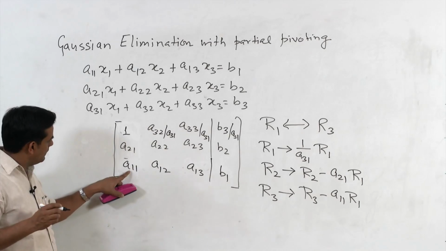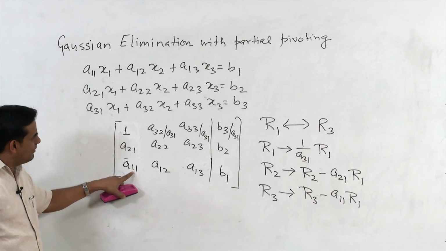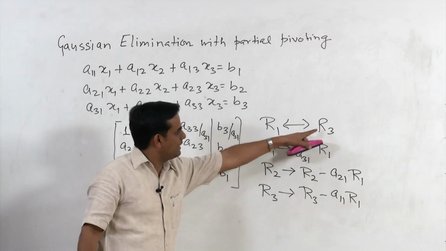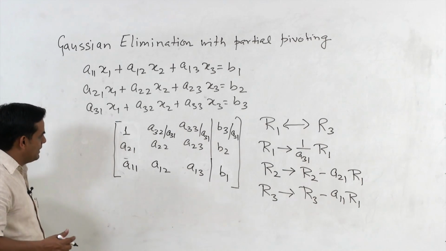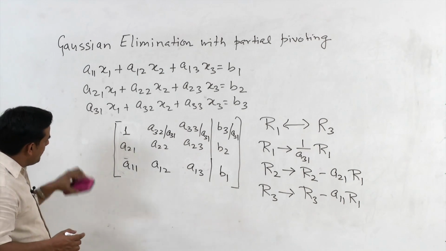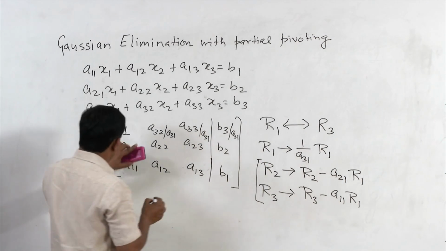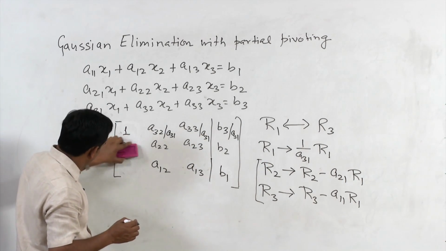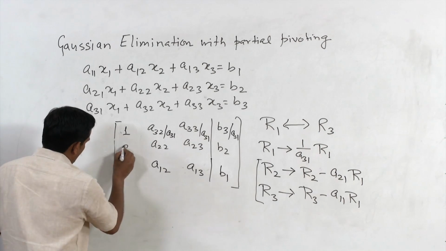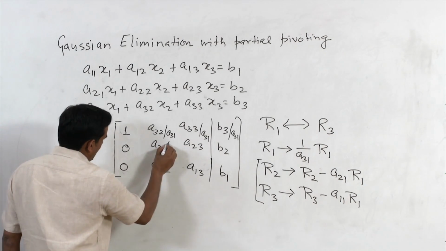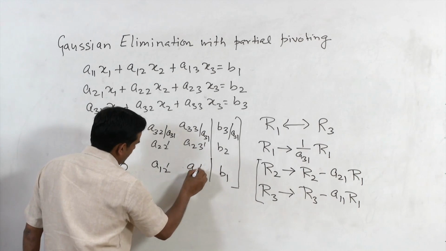Please note that this element is now a11 because we have interchanged R1 and R3 in our first operation. If I perform these two row operations, these two elements will become 0 and I will get some other values here.